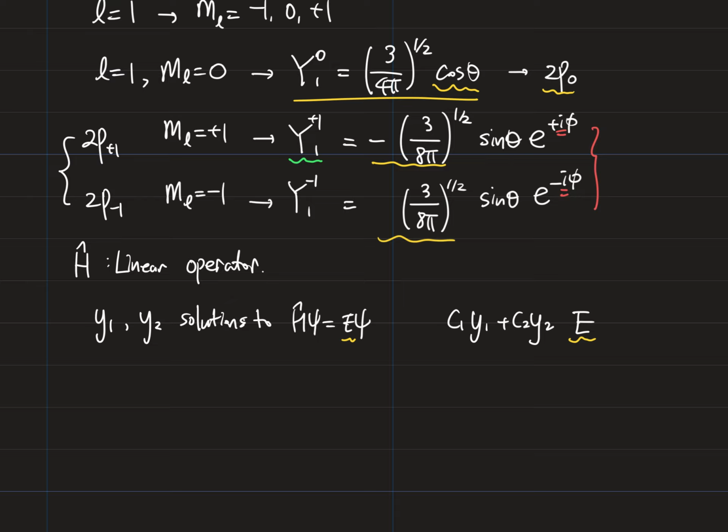So this means 2p plus 1 and 2p minus 1 are solutions to the Schrödinger equation for the hydrogen atom, right? Even though we have the imaginary part for 2p plus 1 and 2p minus 1, the linear combination of these two functions will have the same energy, and they are also eigenfunctions of the Schrödinger equation.